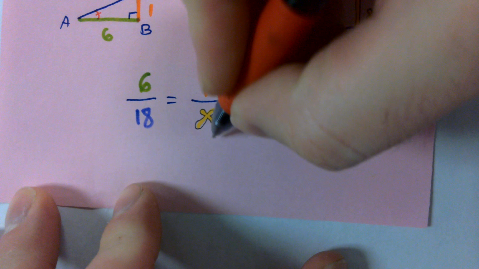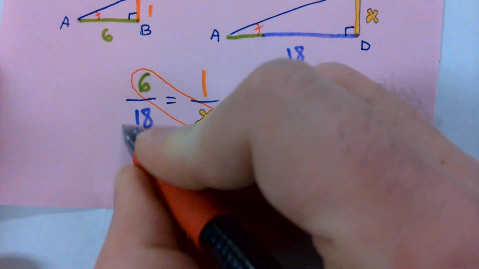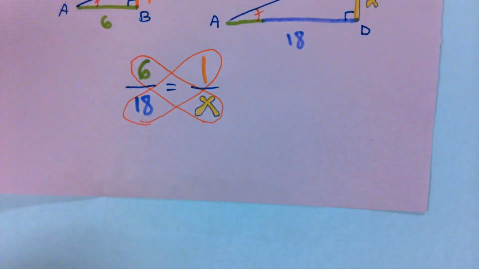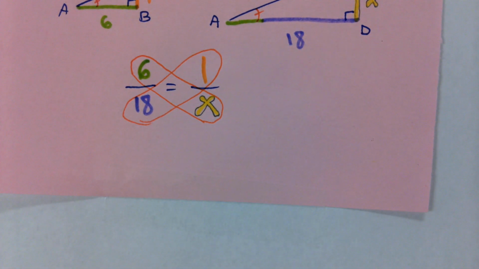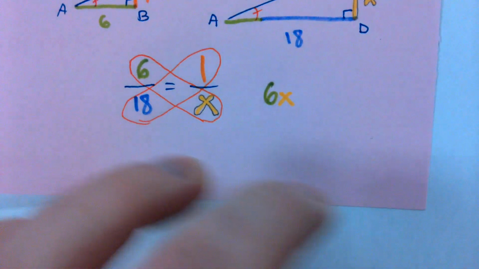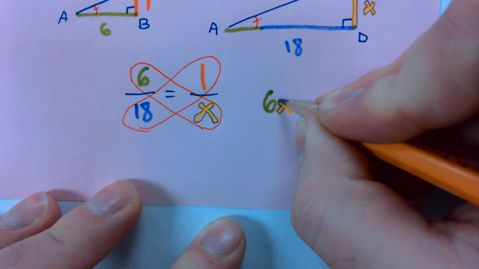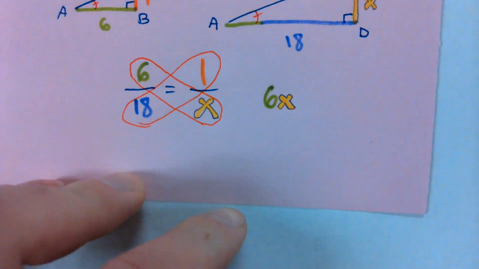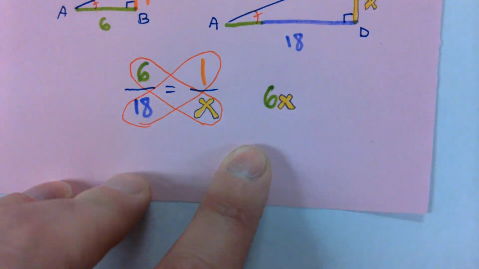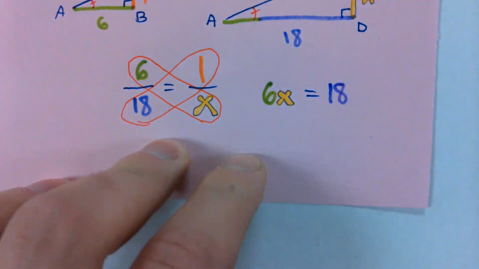When we cross multiply, we see that we're doing 6 times x, and we're doing 18 times 1. So we're going to have 6x equals 18 times 1 just gives us 18, right?